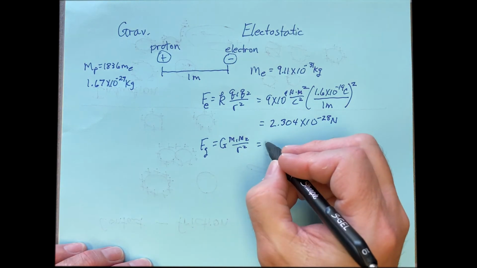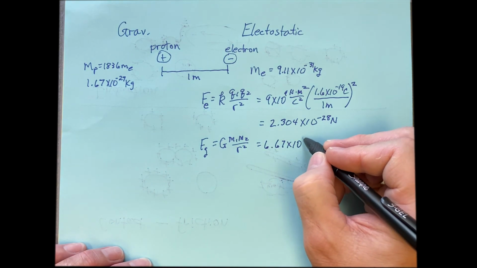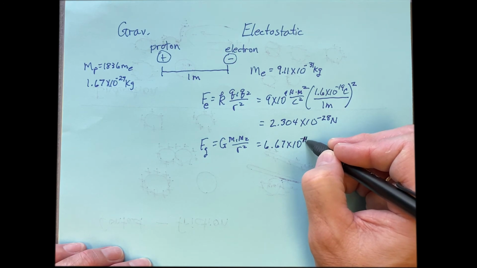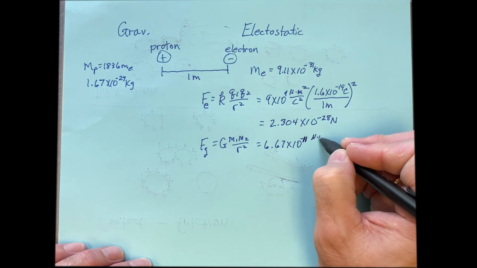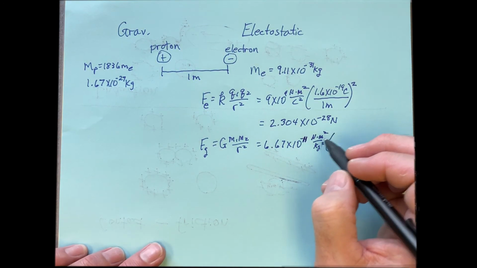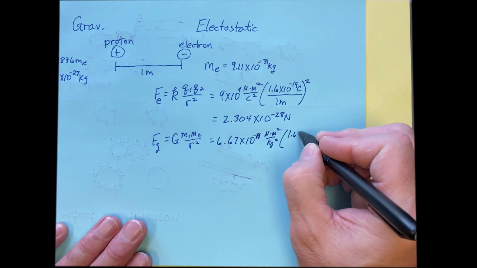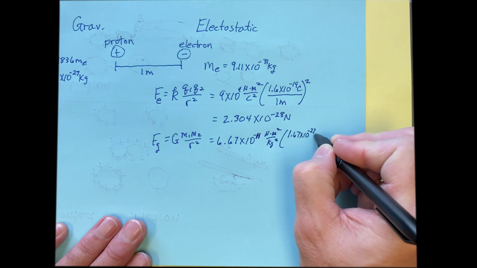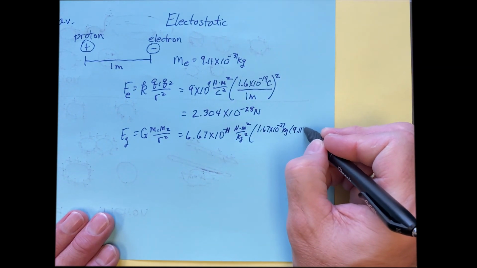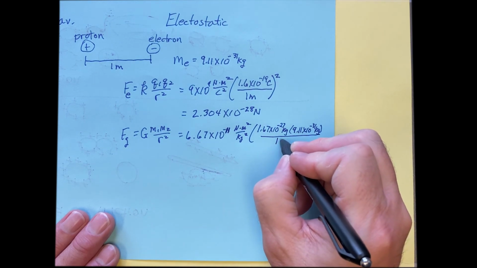It is 6.67 times 10 to the negative 4th. Oops, that's not a 4, that's 11. Negative 11 newton meter squared per kilogram squared, multiplied by the mass of the proton, which is 1.67 times 10 to the negative 27th kilograms, times the mass of the electron, which is 9.11 times 10 to the negative 31 kilograms, and divide that by 1 meter.